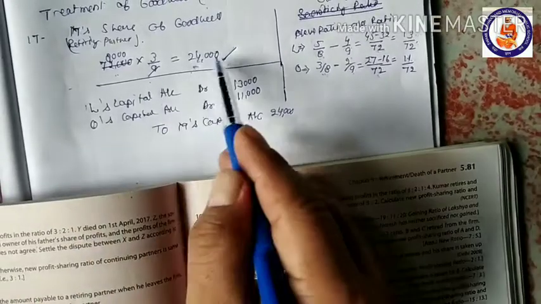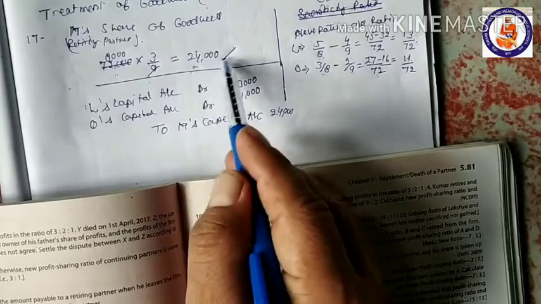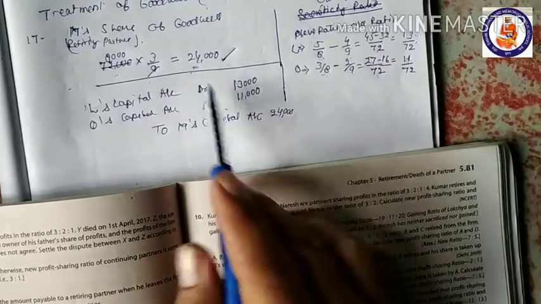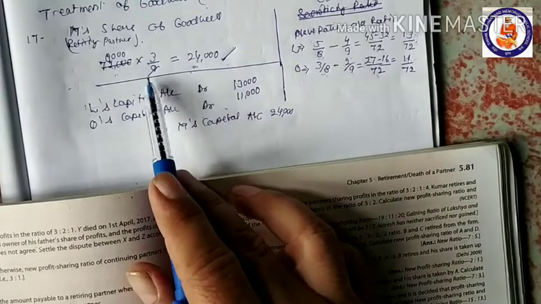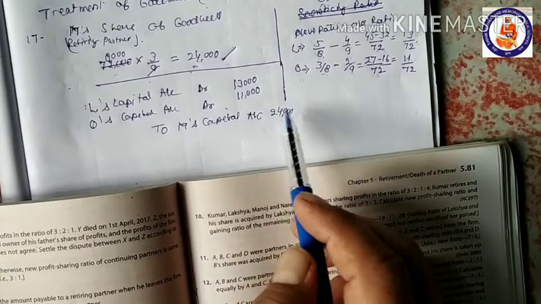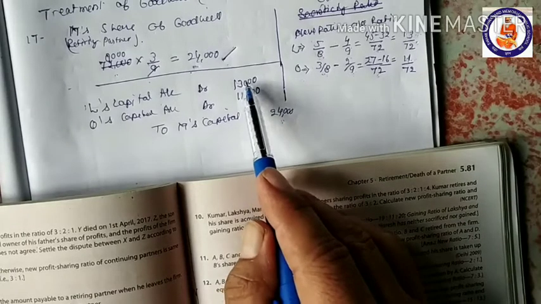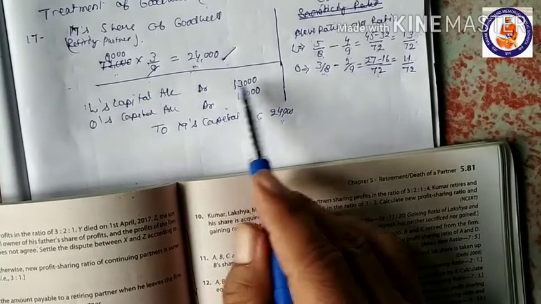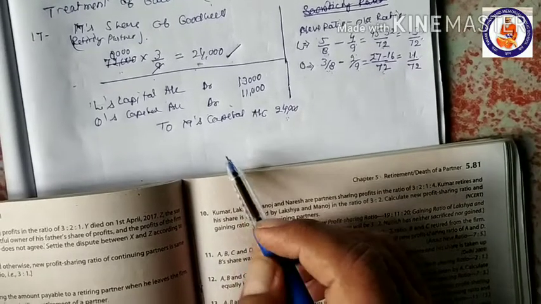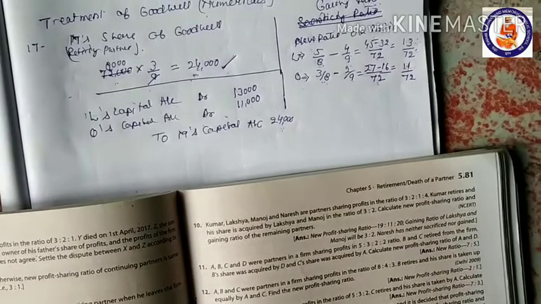The value of goodwill to be given to M, his share of 3 upon 9, comes to 24,000. It will be borne by both of them in the ratio of 13:11. So L will bear 13,000 and O will bear 11,000. This is how it is done.